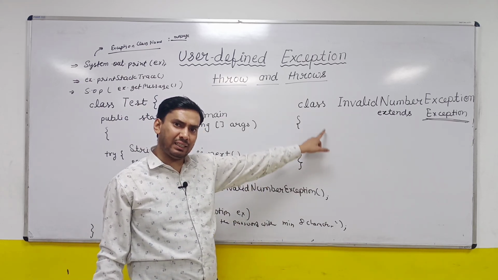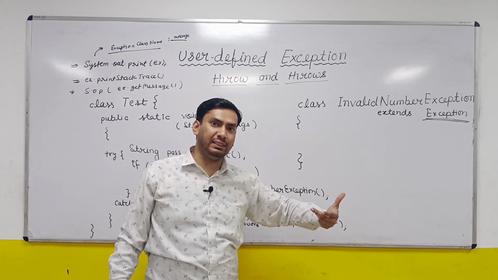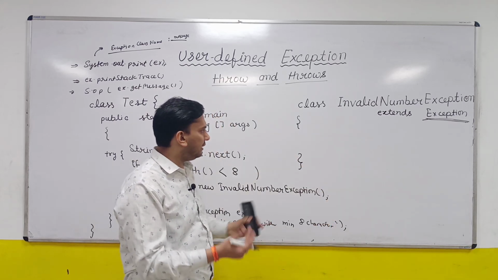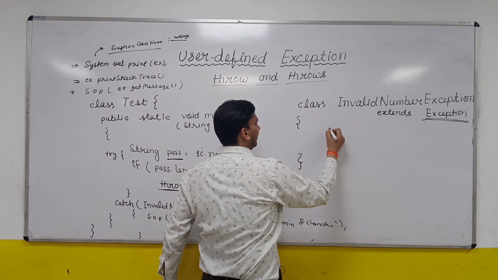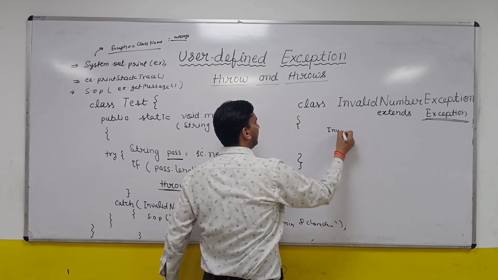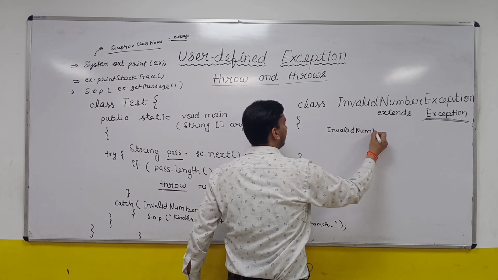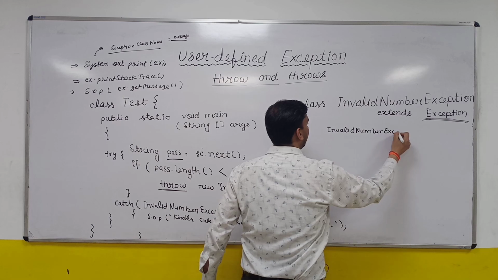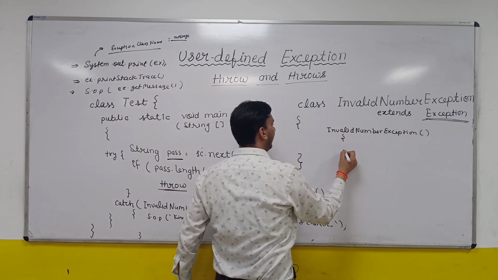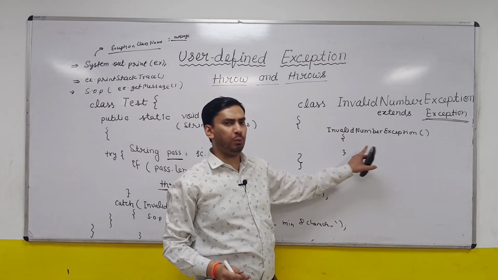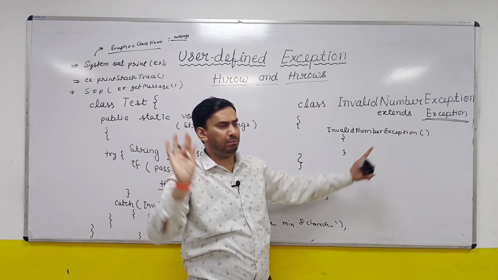When you want to have some message in your exception class, the simple logic is to write a constructor. I'll write here a constructor InvalidNumberException, right? Any constructor you can write, and using super you can pass the message to the parent class. This is a simple step.